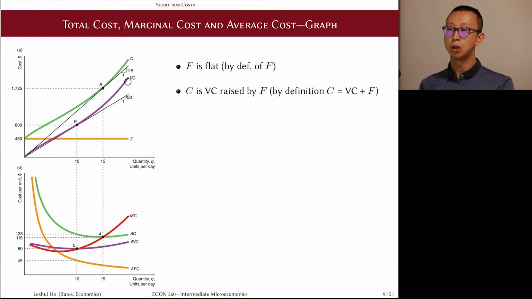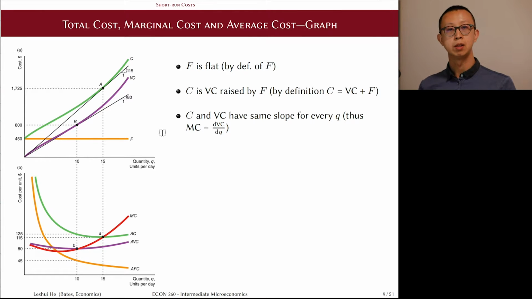So graphically, we can think of it as taking this variable cost curve and then just raising it up by this constant height of the fixed cost curve to get our total cost curve.